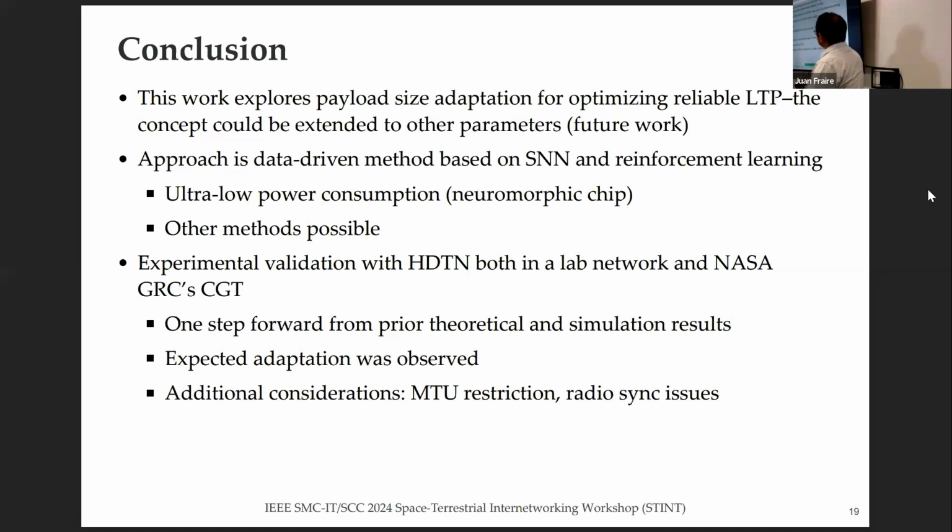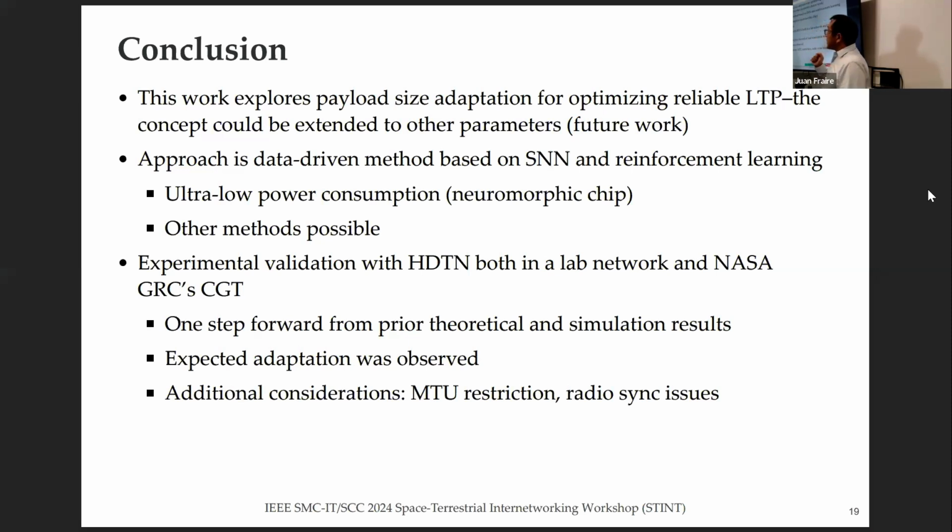And we validated the result experimentally, which is essentially a step forward from the previous results that we had, which were essentially theoretical and simulation. So we observed the expected adaptation. We did encounter some additional considerations that were not in the model. One of them was this MTU restriction, which doesn't allow us to grow larger than a certain amount. The other problem was related to radio synchronization issues.